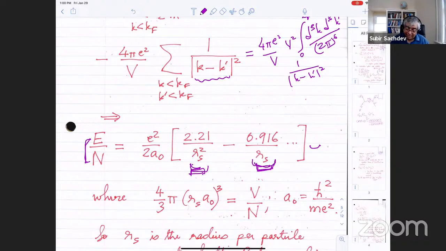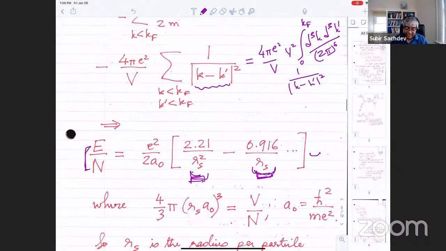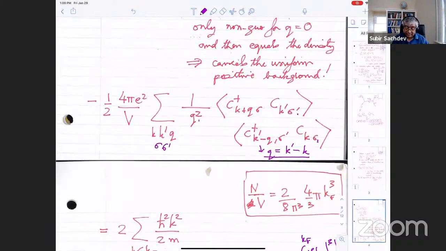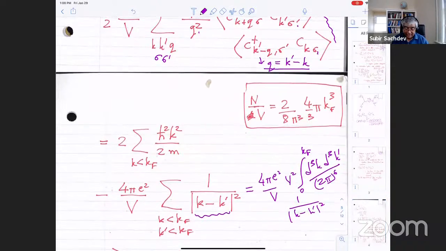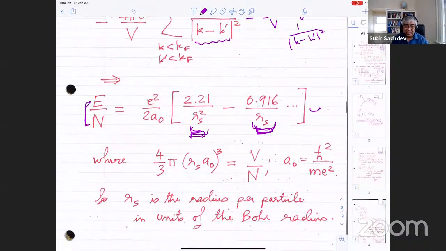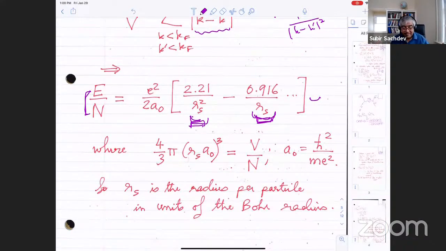And in the end, that is also the effect that comes entirely from the Fock term. You notice this is the Fock term where you exchange the particles. And that's also the physics behind ferromagnetism. So if you make all the particles spin up in a ferromagnet, they will stay apart from each other and so lower the energy.